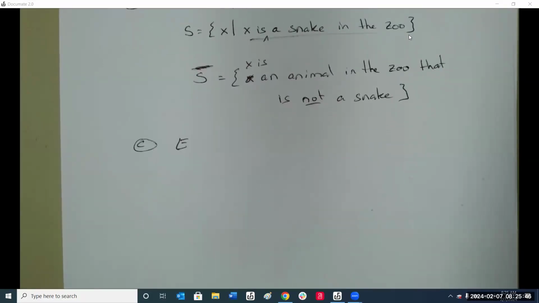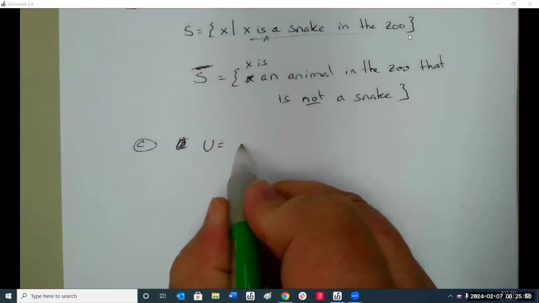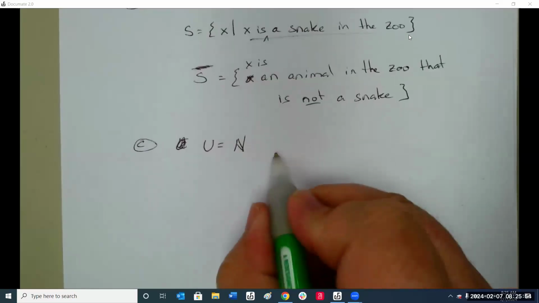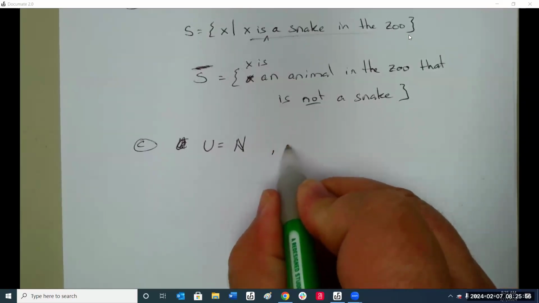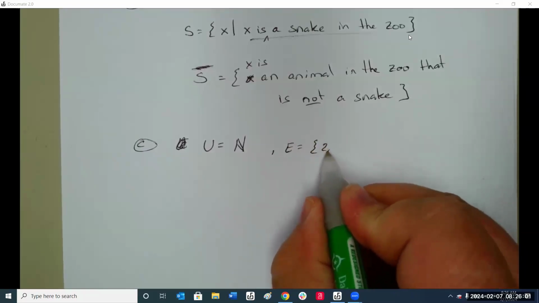Let's look at C. The universe is all natural numbers. E is the set of even numbers.